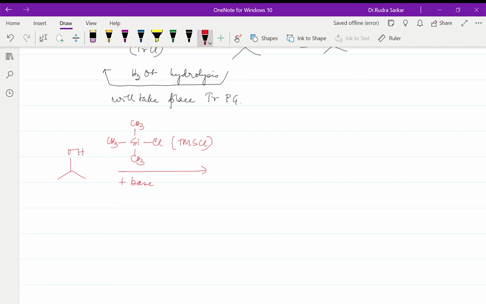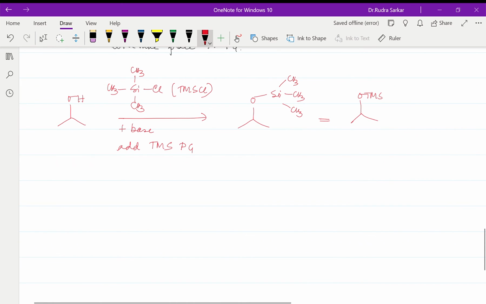We also use catalytic amounts of base to take up the HCl, which is formed as the byproduct of this reaction. So this is basically adding TMS, the protecting group, which will obviously lead to the formation of a silyl ether, also represented as follows, wherein we are using the abbreviation TMS.